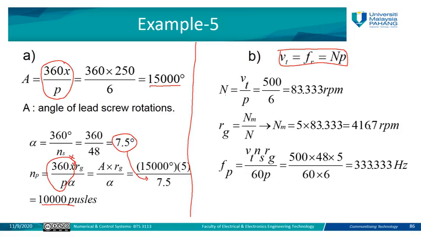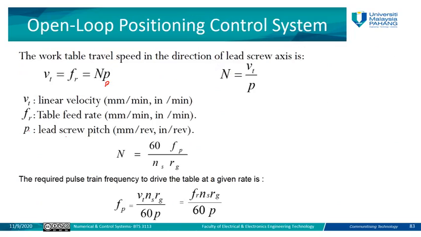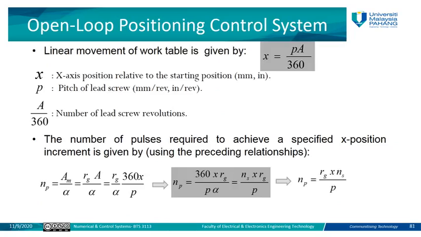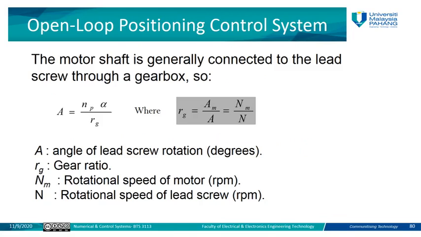Then we have a formula for the ratio, or gear ratio, here: rg equal to nm over n, where nm is the rotational speed of the motor, and n is the rotational speed of the lead screw.